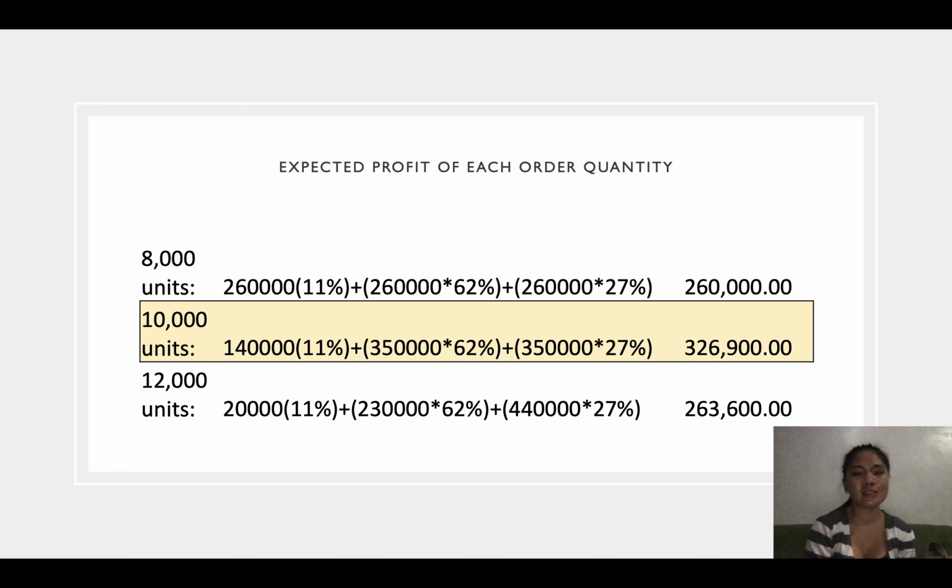For instance, when Chic orders 8,000 units, management can expect a profit of $260,000 by getting the sum of $260,000 gross profit times 11% probability for 8,000 units plus $260,000 gross profit times 62% probability for 10,000 units and $260,000 gross profit times the probability of 27% for 12,000 units.